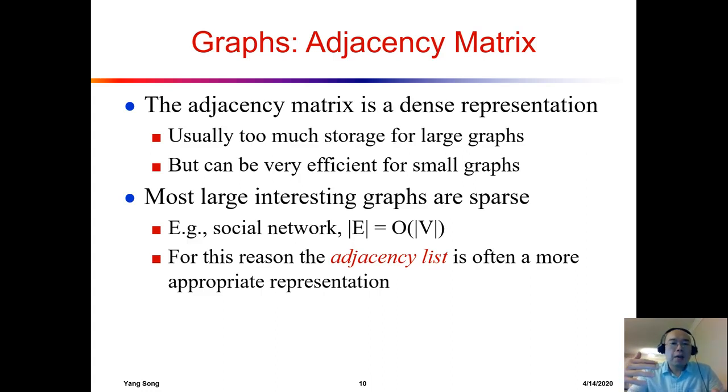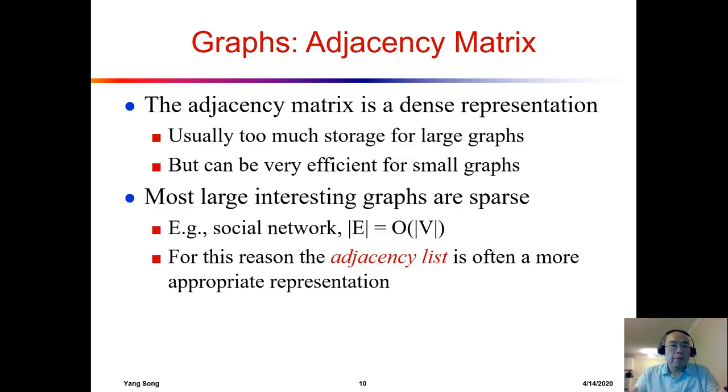There can be millions of people on a social network. However, I may only know a few hundreds of them, and that's already a lot, right? So in this case, E will be O(V). The number of edges is O of the number of vertices, so it is really sparse.